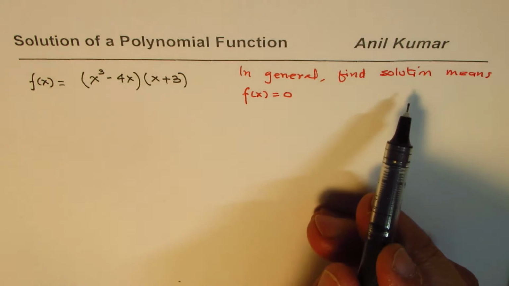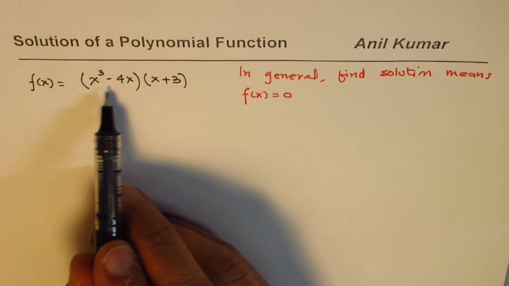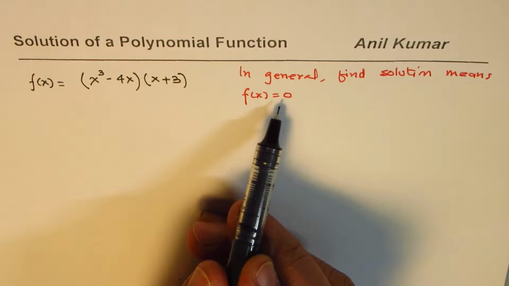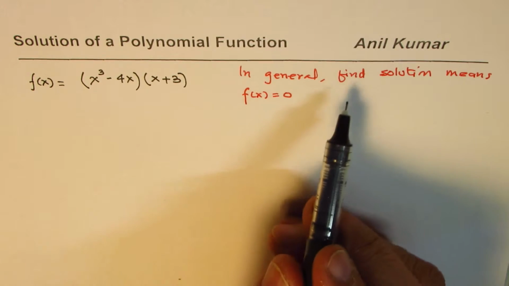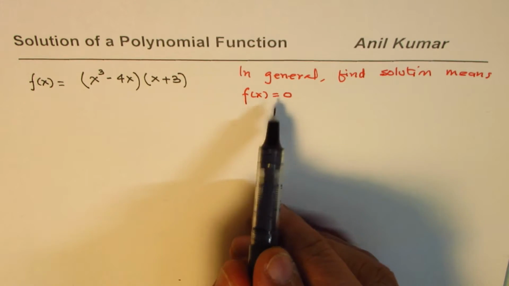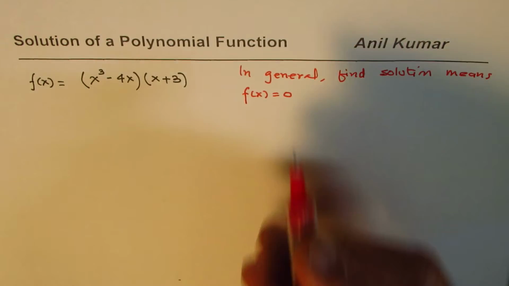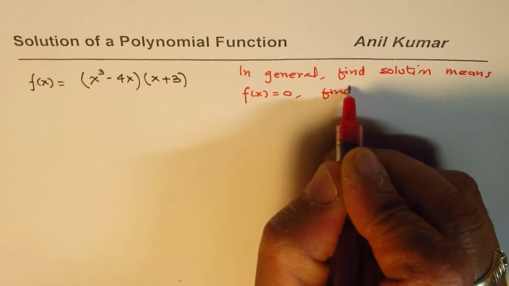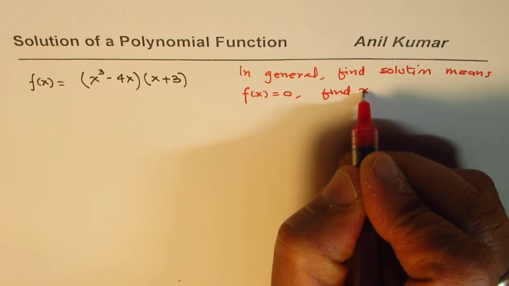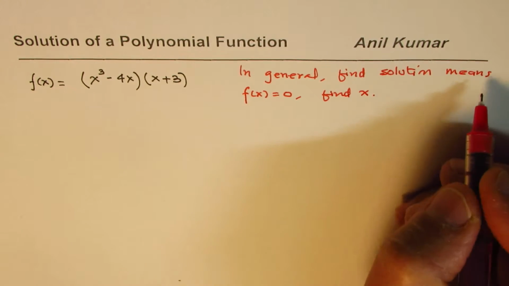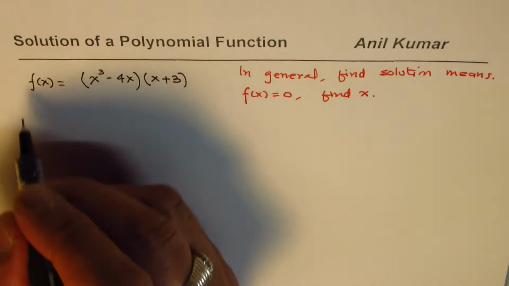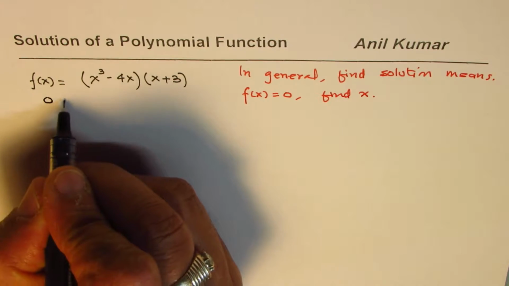So in general it means find the value of x when f of x is equal to 0. Find solution means f of x equals 0, find x. So for what value of x is the function 0? So what we can do here is we can equate f of x to 0.